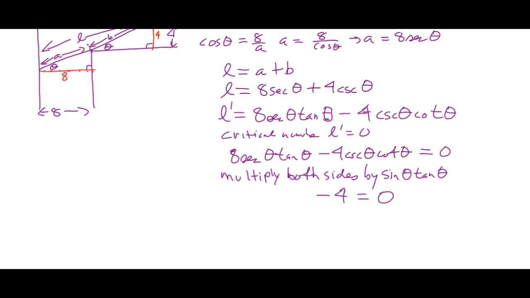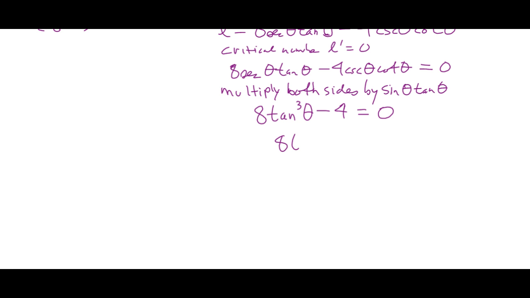So now we have tan theta times tan theta times tan theta, and we get 8 tan cubed theta. And then this can actually be solved. So we get 8 tan cubed theta is equal to 4, or tan cubed theta is 1/2. Which means tan theta is the cube root of 1/2.